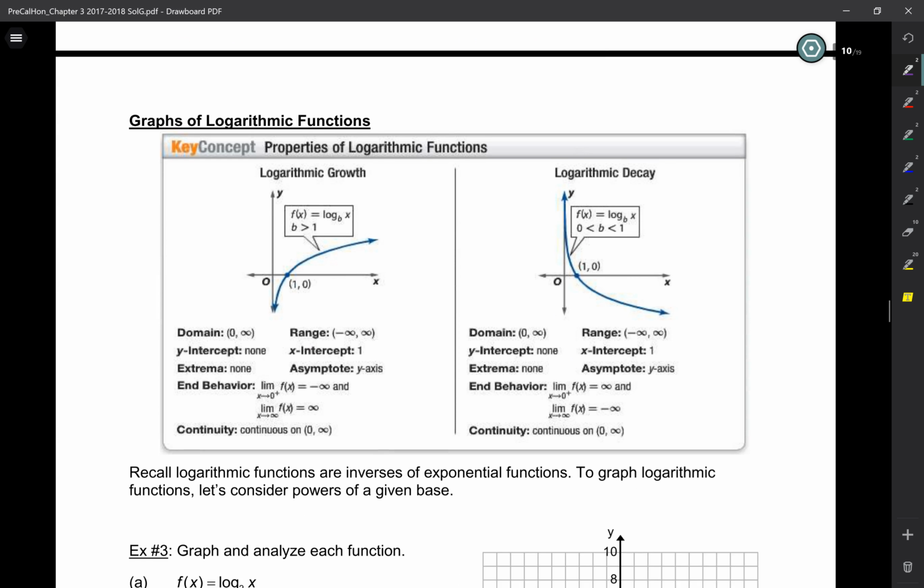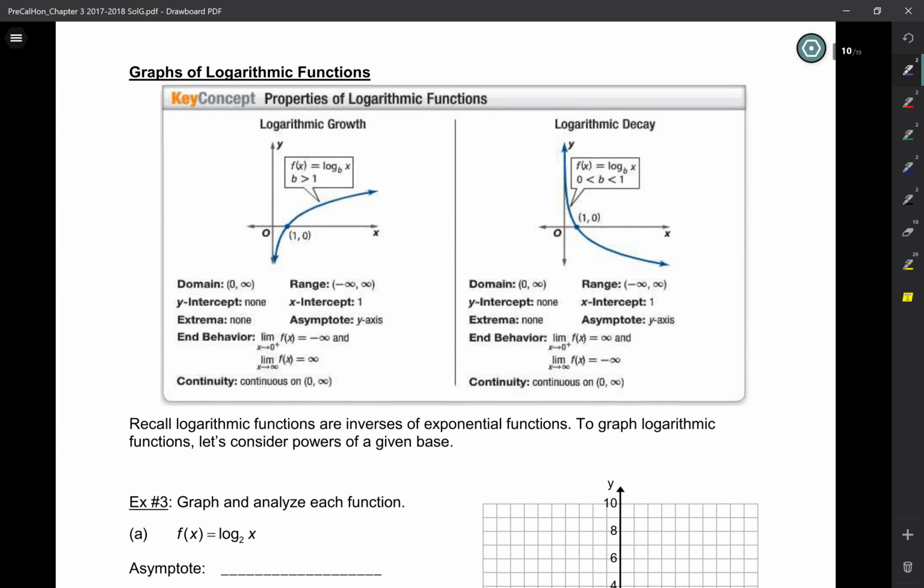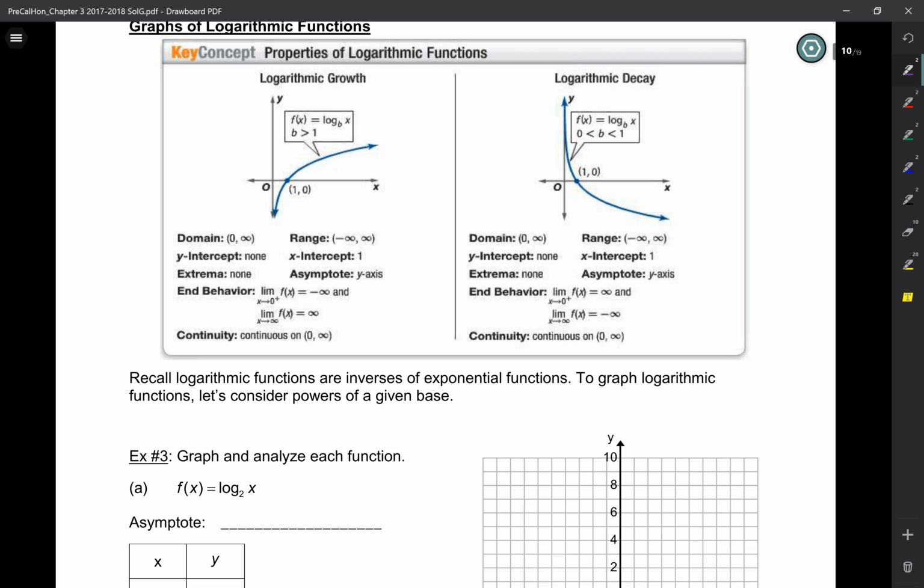All right. Now, we're going to graph logarithmic functions. So the answer to a logarithm is an exponent, right? Another way to think about that is logarithms and exponentials are inverses of each other, okay? So remember yesterday we were graphing the exponential functions?